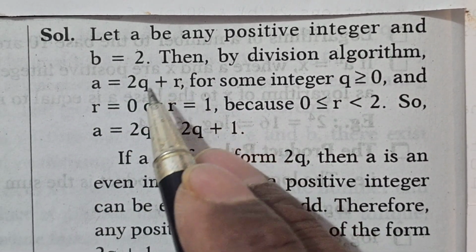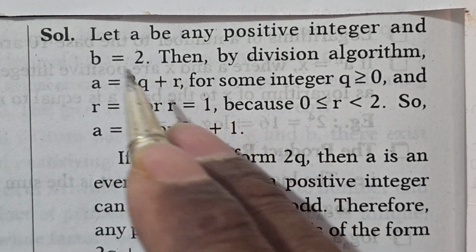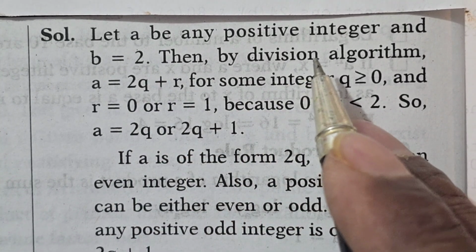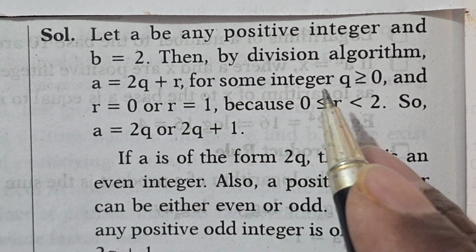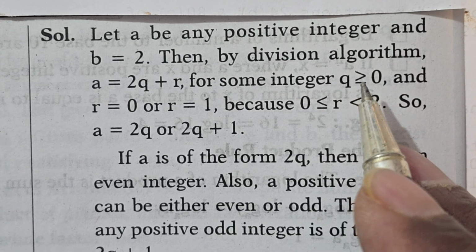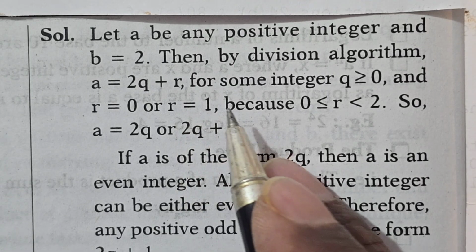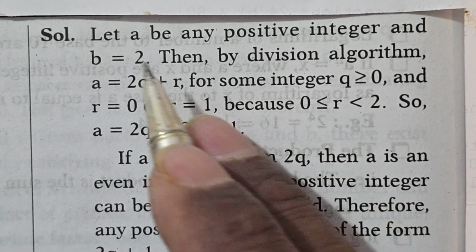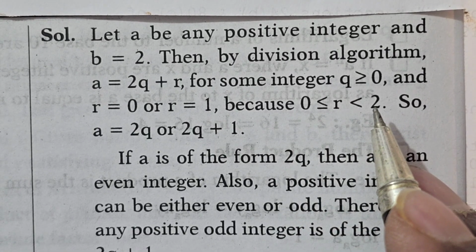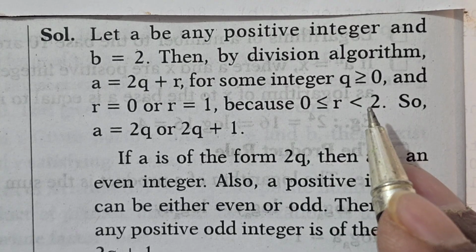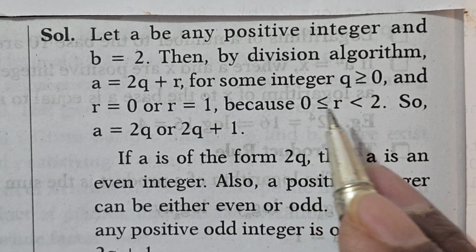Then by the division algorithm we can write a is equal to 2q plus r, for some integer q greater than or equal to 0, and r equal to 0 or r equal to 1, because b is 2 and r lies from 0 up to but less than 2.